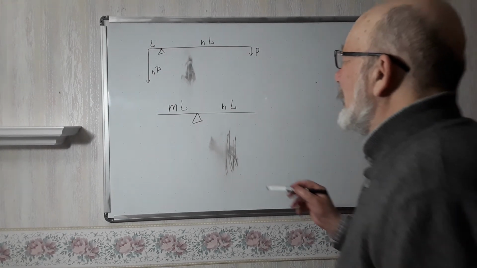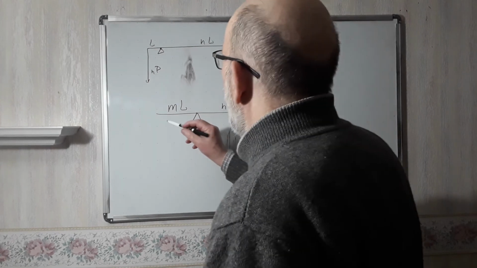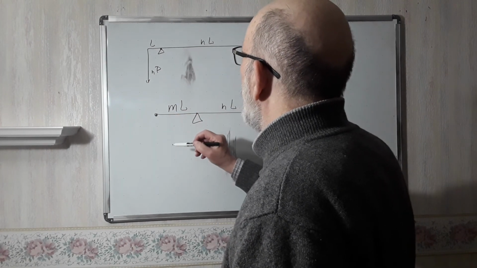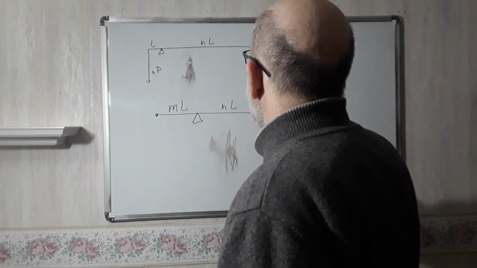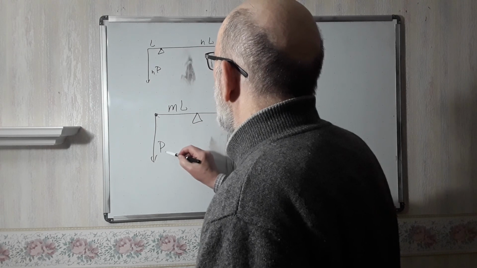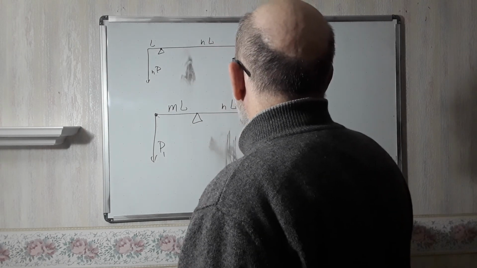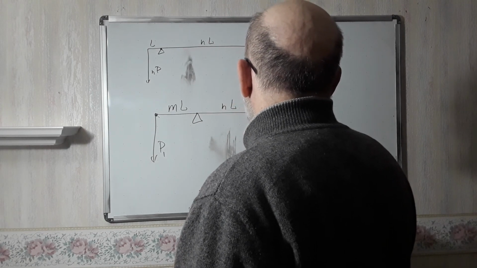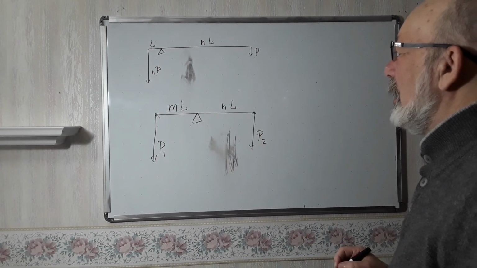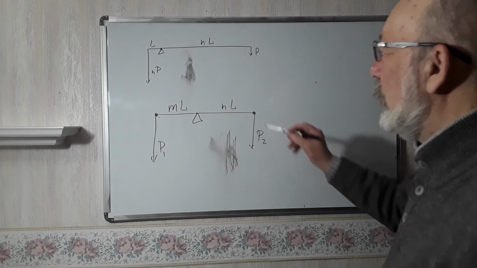What happens in this case? If here you have P1 and here you have P2, how to find the conditions of equilibrium?